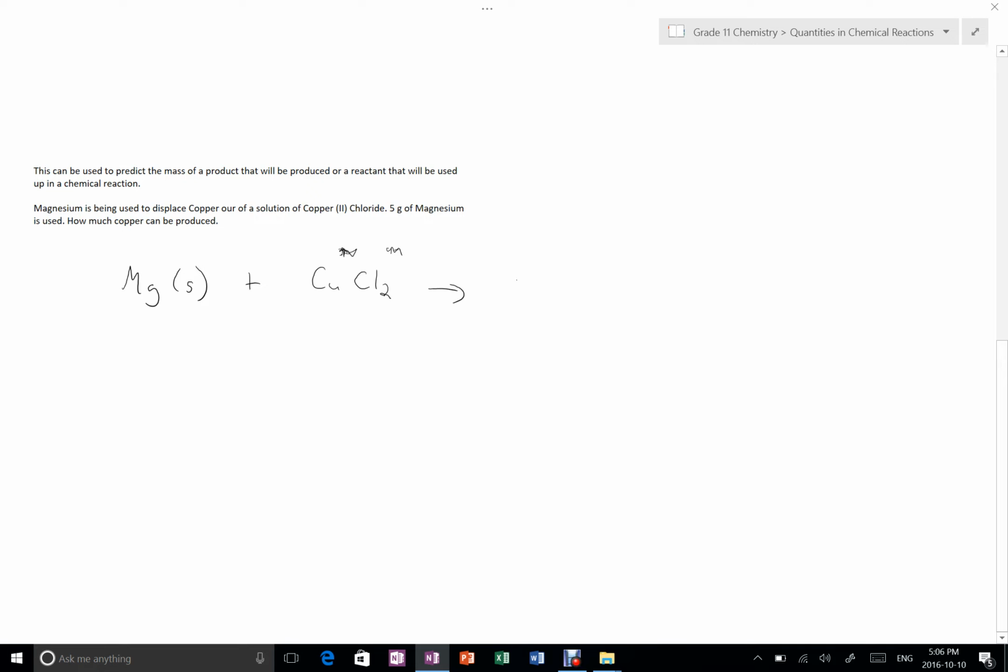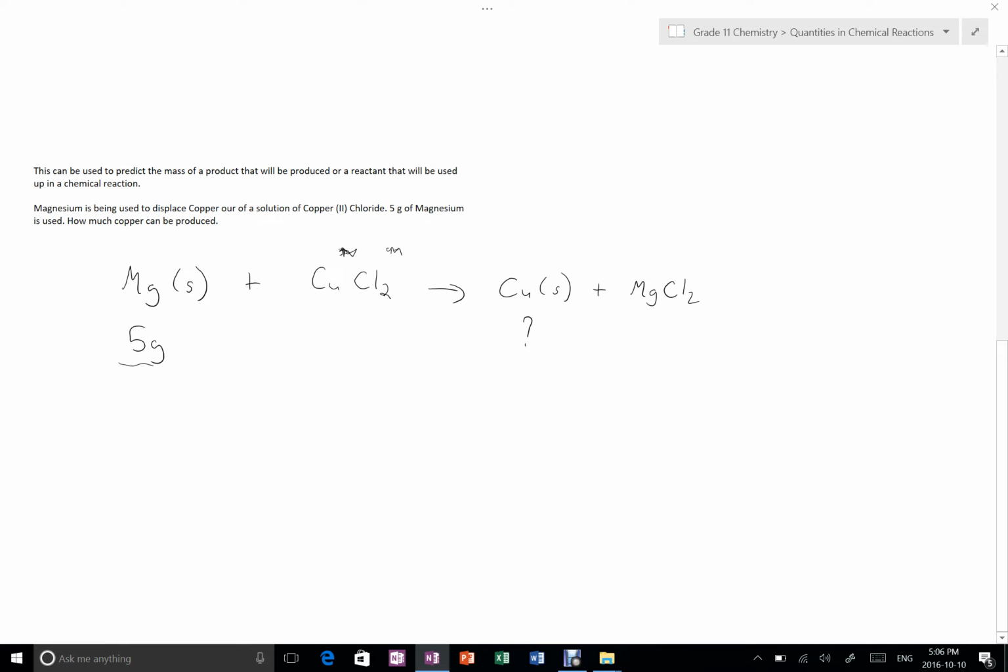They're displacing copper out of the solution, so this is a single displacement reaction, and as a result, it's producing magnesium chloride. 5 grams of magnesium is used. How much copper can be produced?